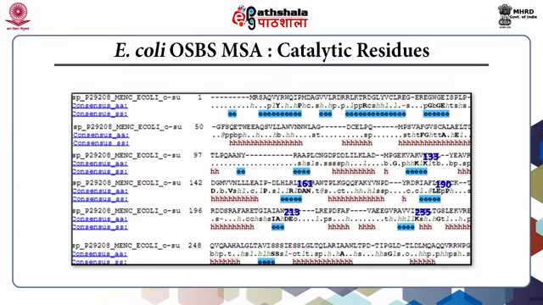Consequently, PROMALS 3D MSA can be used for identification of catalytic residues in an enzyme for which catalytic residues are not yet identified. So, identical positions mean conserved positions. If mutation leads to abolition of activity, it means those identical or conserved positions are actually involved in chemical catalysis.